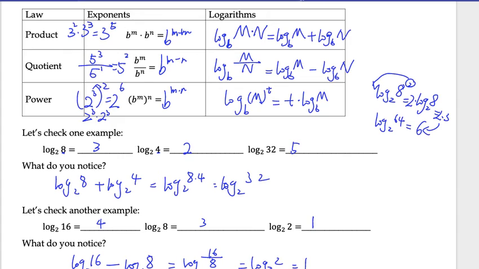The product property for logs: when we multiply powers, we add exponents. For the quotient, when we divide powers, we subtract exponents, subtract the logs. And when we deal with a power, I can move this little exponent to the front, breaking it down as multiplying these two exponents.